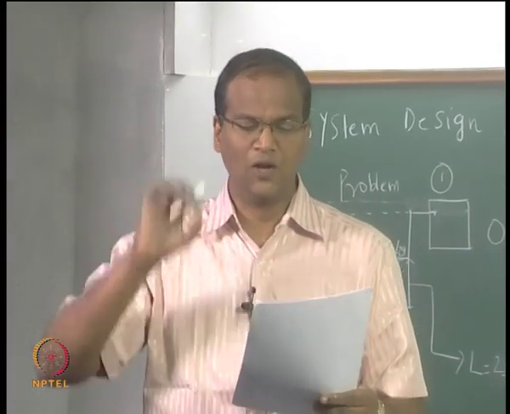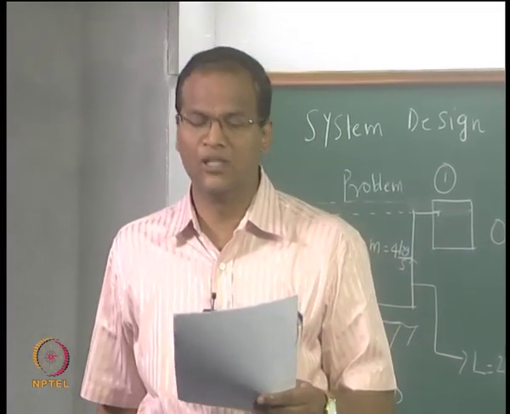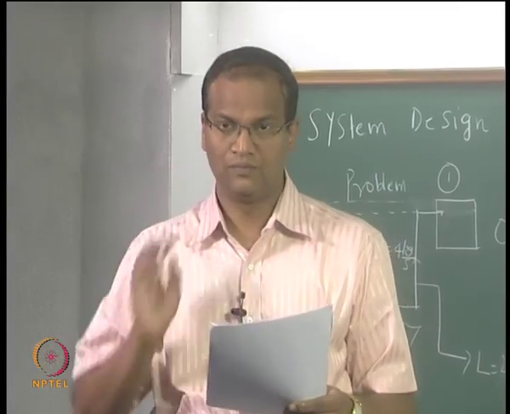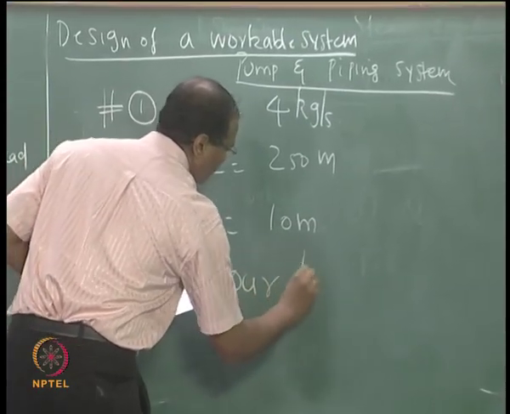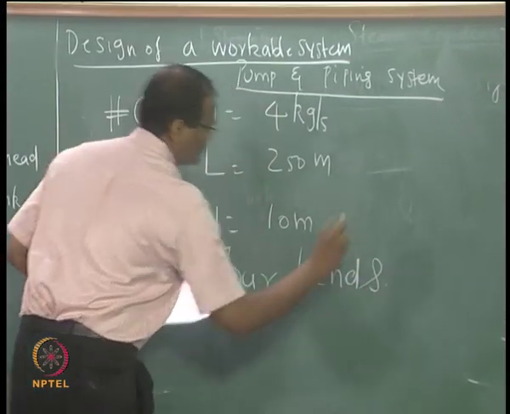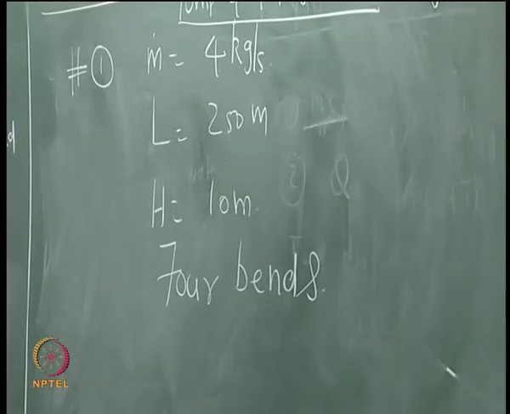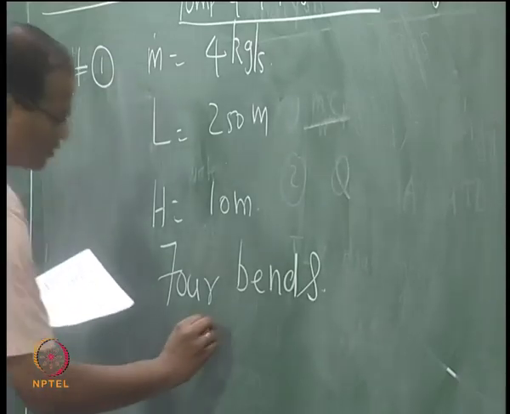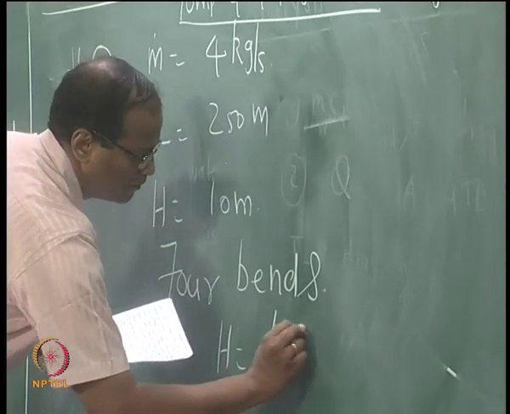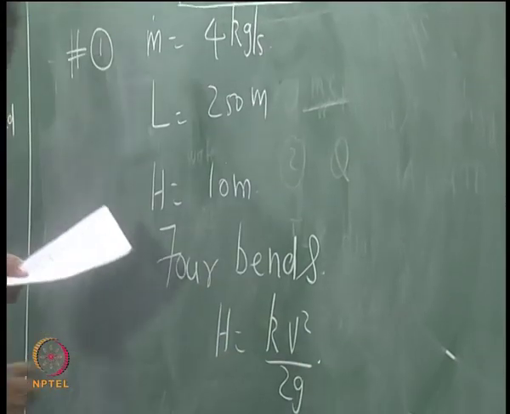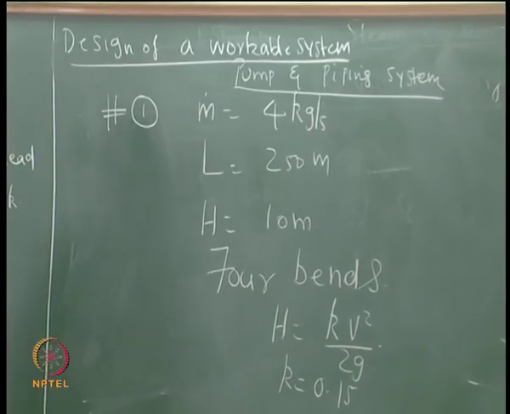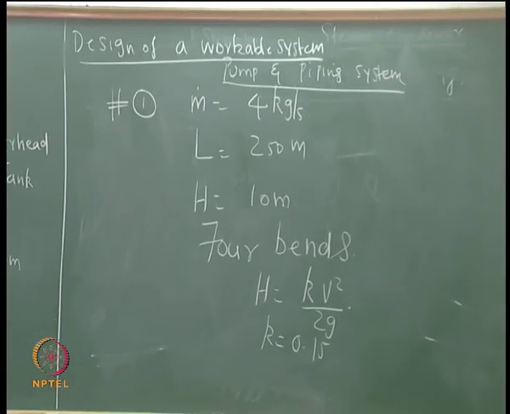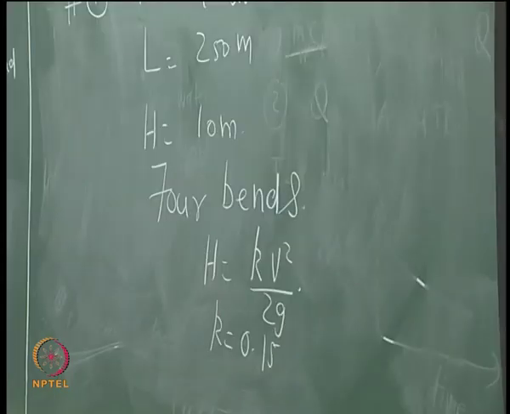4 bends exist along the pipeline. The head loss in a bend is given by h equal to k v squared by 2g, where k equal to 0.15.